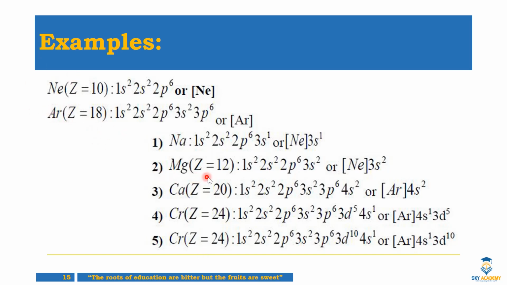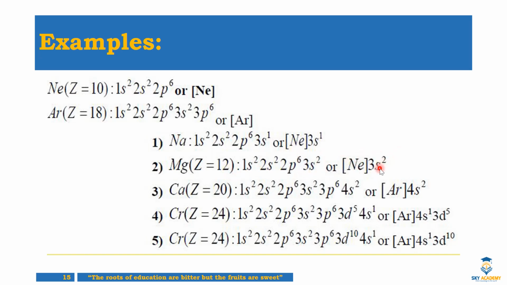For example, magnesium is still using neon because magnesium has 12 electrons, meaning that we only have this part which is the core and then 3s2. Those are the remaining electrons.